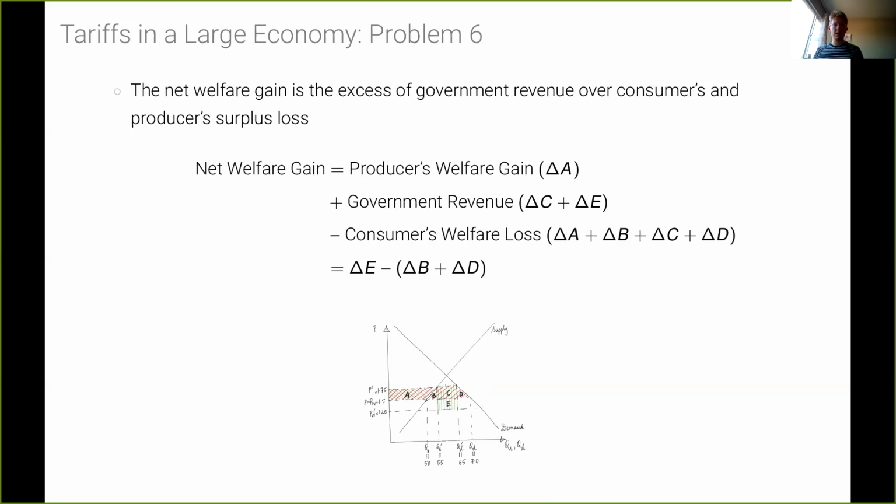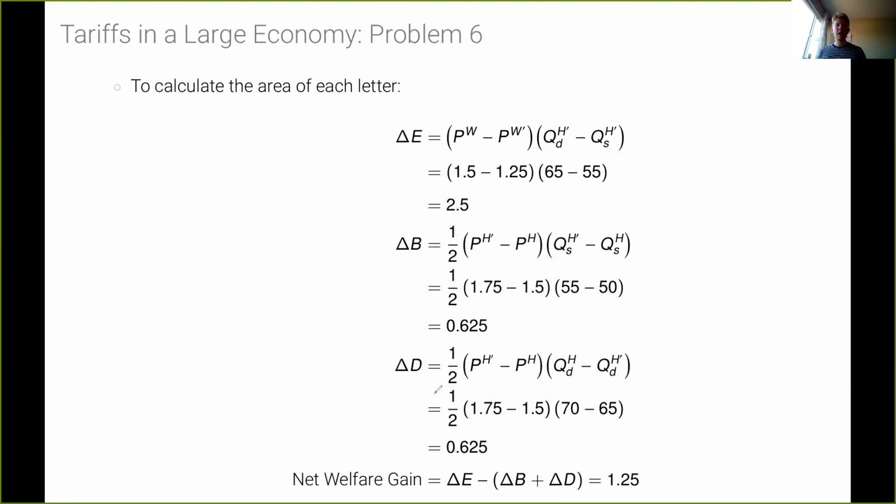So we've lost areas B and D. We take 1.75 minus 1.5 times the change in both the amount that consumers demand and domestic producers supply, and then multiply by half because it's a triangle. Doing all that out gives us that the area of B is 6.625 and D is going to be the same.